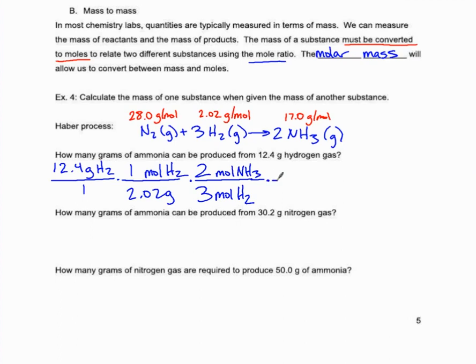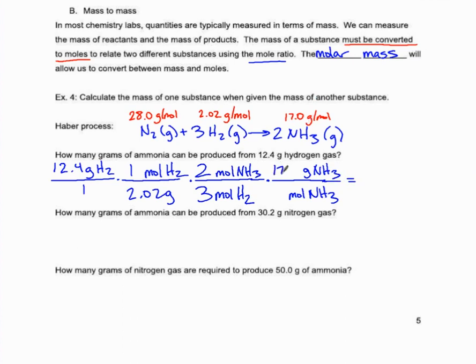And so we are going to use the molar mass for ammonia. And here's what we want. We want moles of ammonia to cancel. So that's going to go on bottom. We want grams of ammonia in our answer, and it's going to go on top. This is the molar mass step.